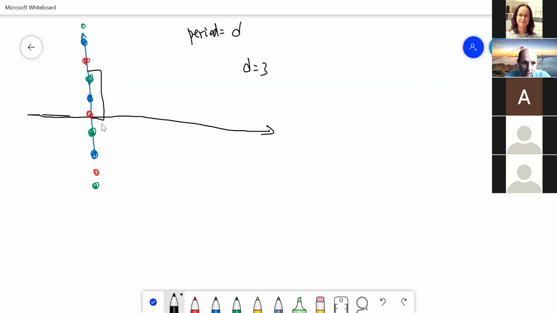We have such blocks of three points: red, blue, green.